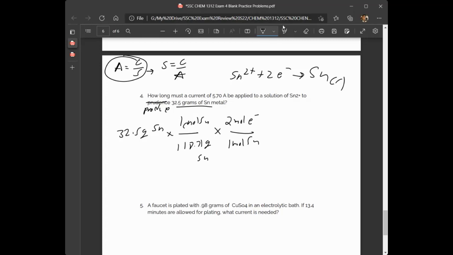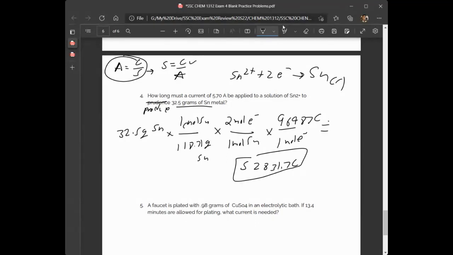And we know from Faraday's constant that 1 mole of electrons is equal to 96487 or so coulombs, and that's going to be equal to 52831.7 coulombs.